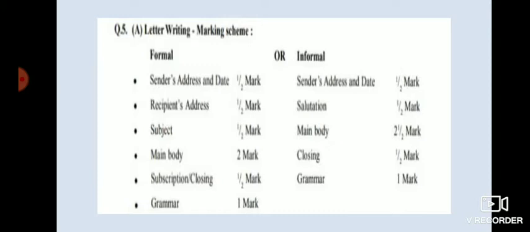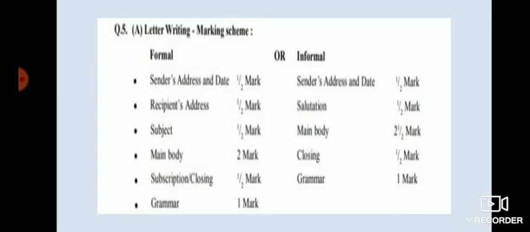What is the meaning of formal and informal? Students, a formal letter means we can write a letter to the editor, to the principal, to a school teacher, class teacher. These are all formal letters.